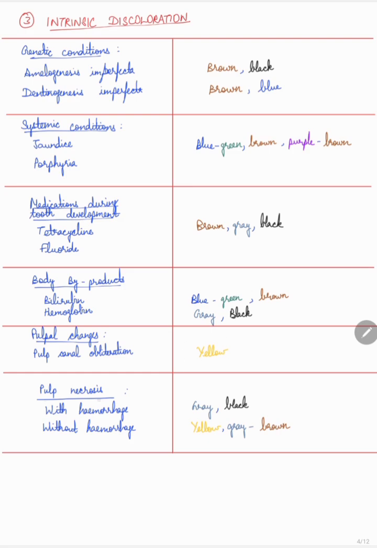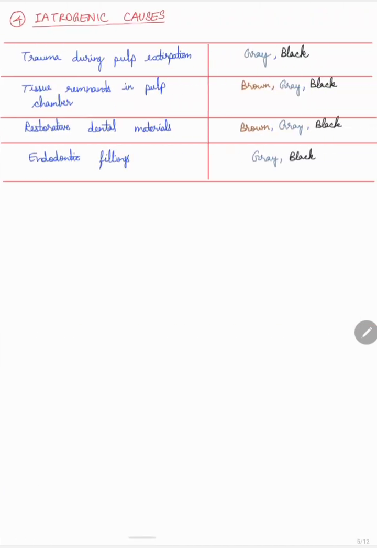And in case of pulp necrosis, if there is pulpal necrosis with hemorrhage, the teeth may turn grey, black, and without hemorrhage, the teeth may be yellow, grey, brown. Next cause is due to iatrogenic causes.